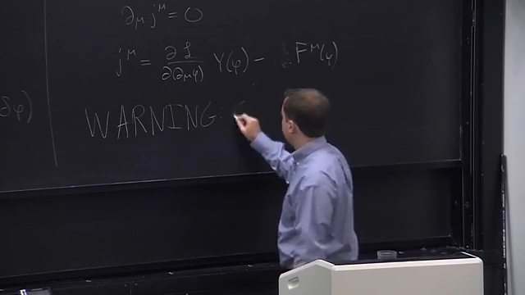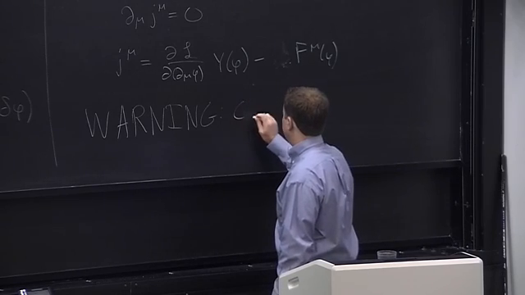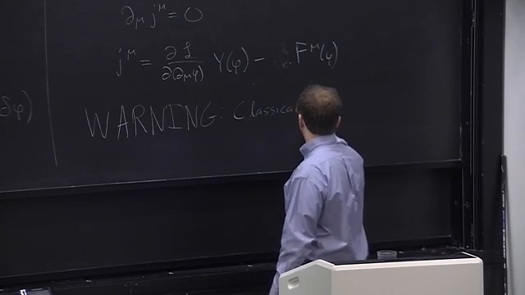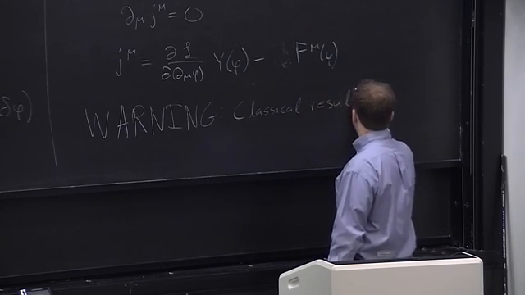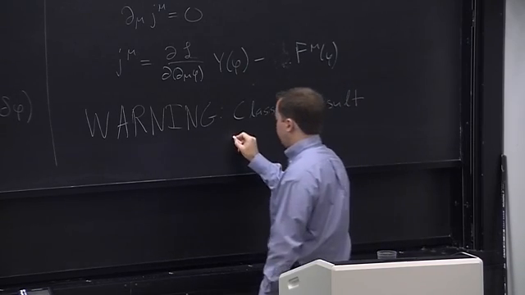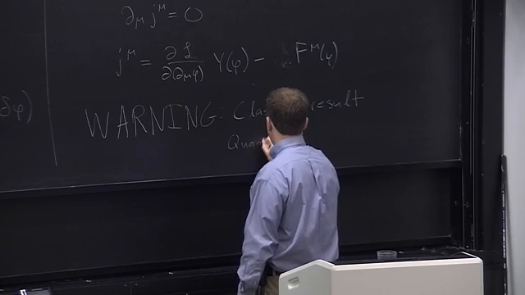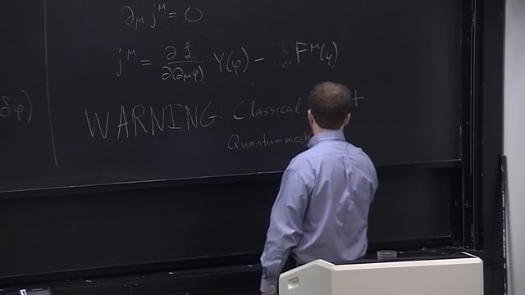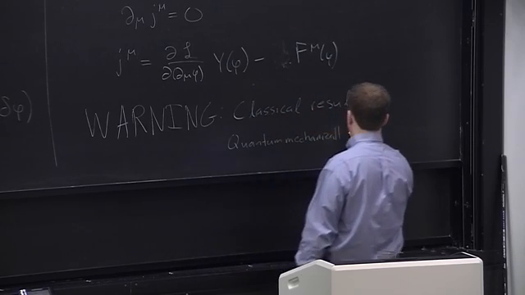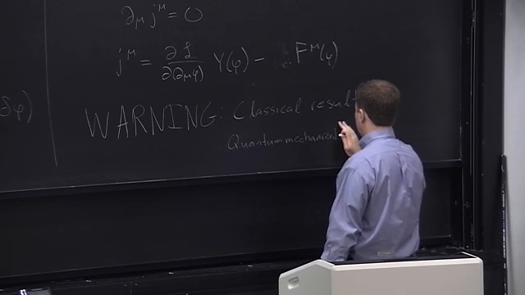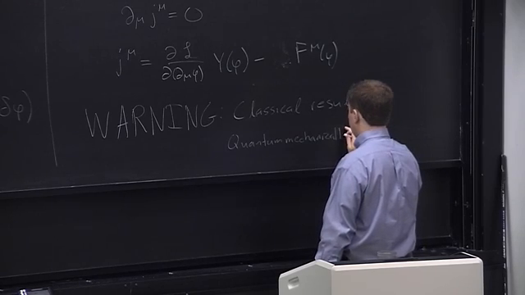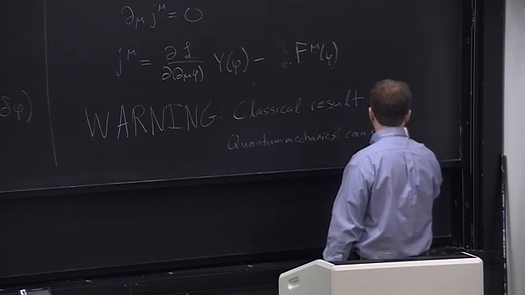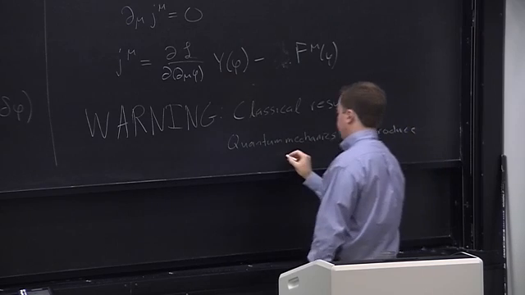So this is a classical result. And quantum mechanically, it can produce what are known as anomalies.